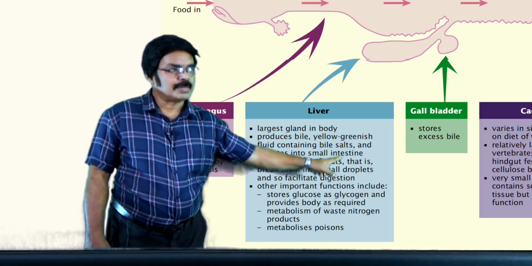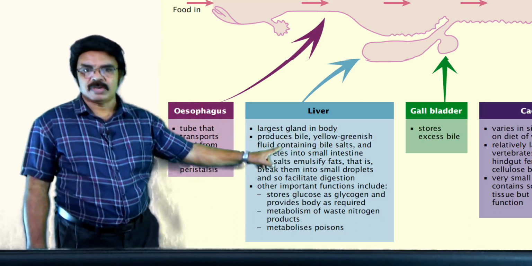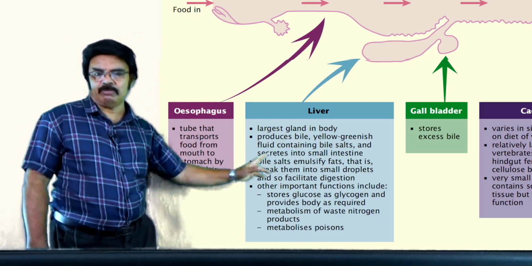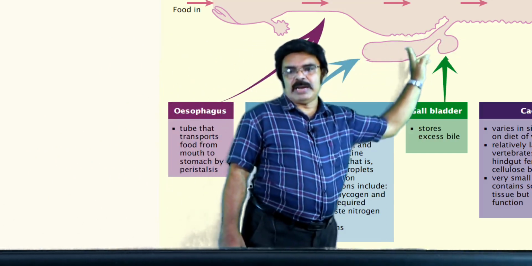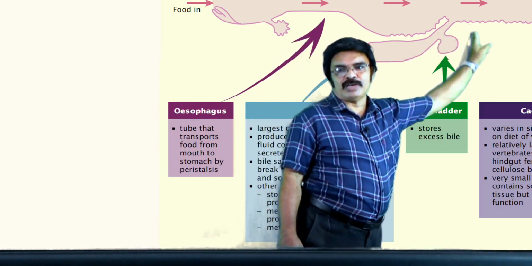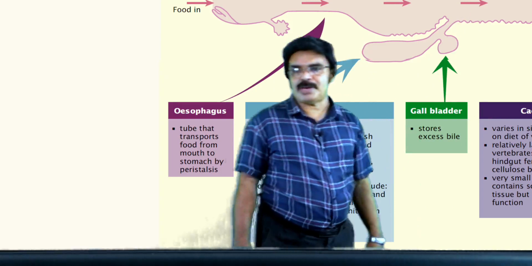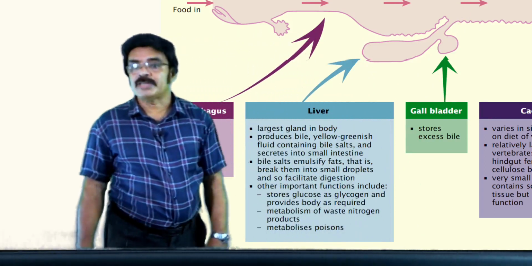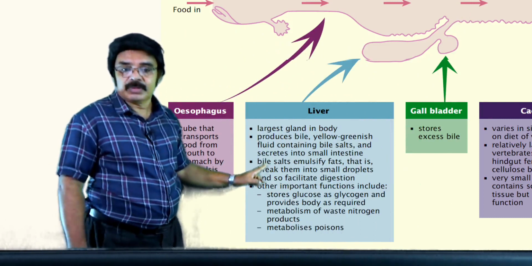So bile comes to the small intestine. Bile is produced in the liver and stored in the gallbladder, and whenever we need it, bile comes to the digestive system, to the food canal.